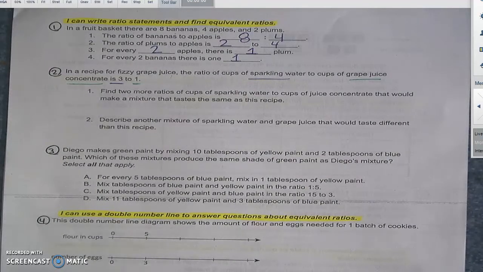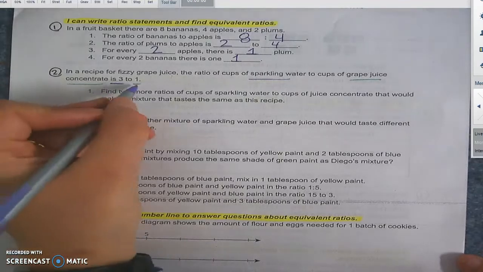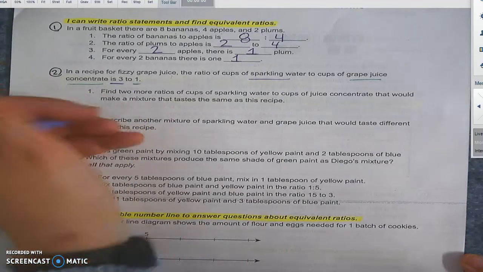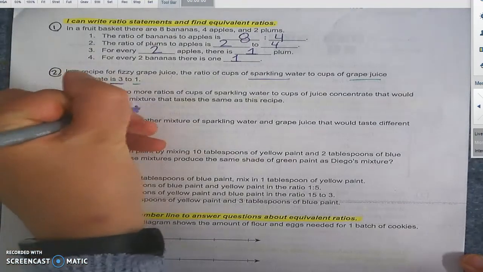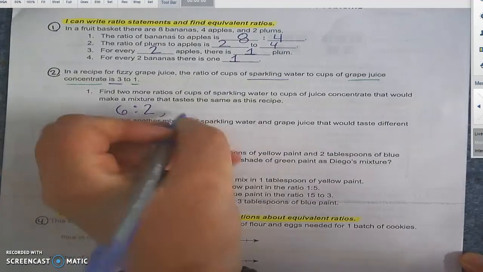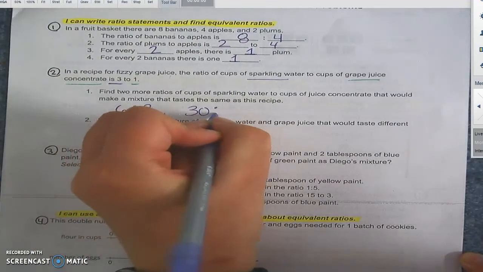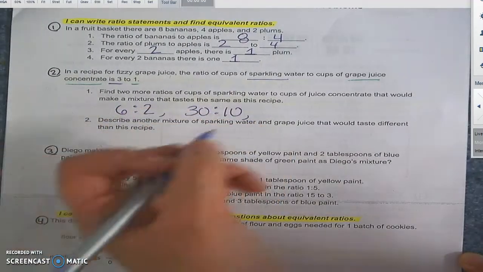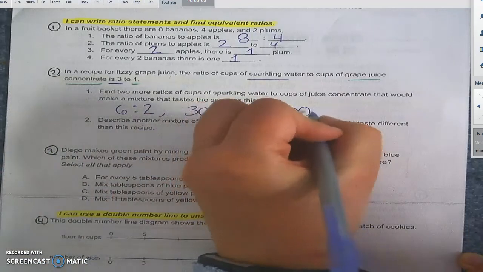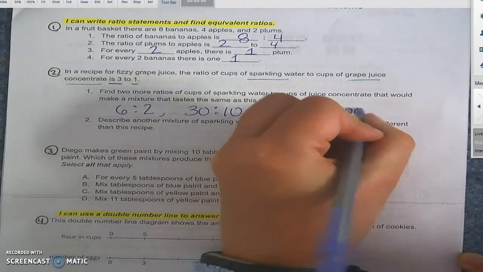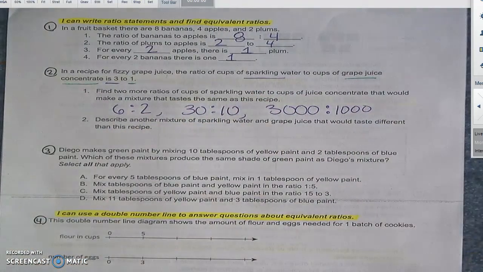So I'm writing equivalent ratios. The original was 3 to 1, so I could double it and make it 6 to 2. I could do it times 10 and make it 30 to 10. I could do it times 1,000 and make it 3,000 to 1,000. Lots of options of what I could do.